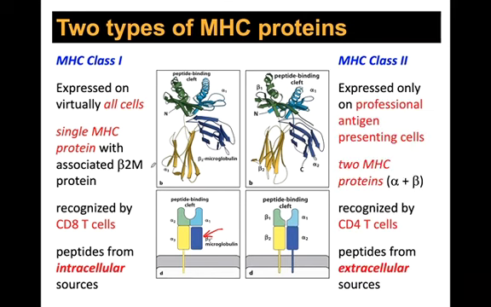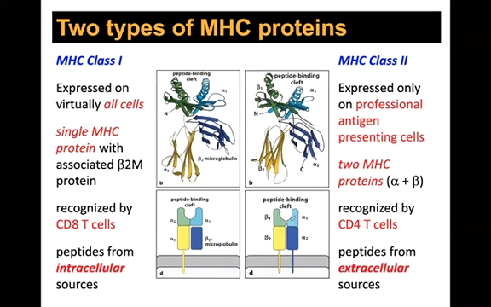Now, MHC2, on the other hand, has a much more limited expression. It's only expressed on professional antigen presenting cells. Initially dendritic cells, but then later macrophages, B cells, and T cells can all act as antigen presenting cells. Now in contrast to MHC1, which has a single MHC protein with beta-2 microglobulin, MHC2 has two MHC proteins, an alpha and beta chain.